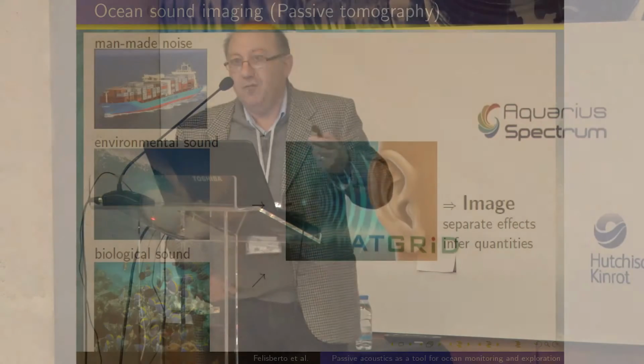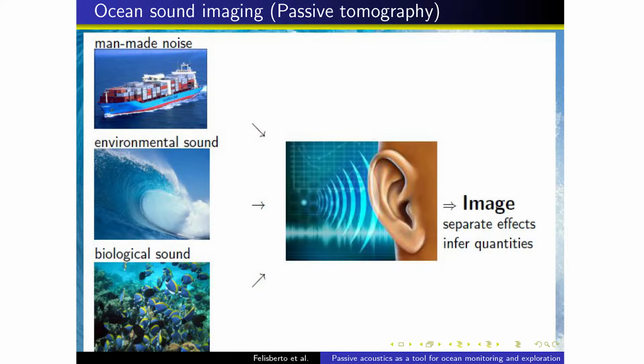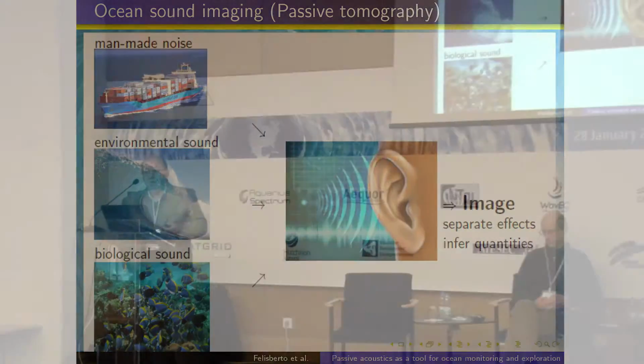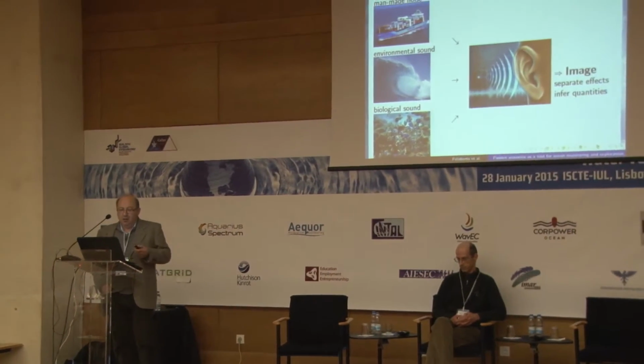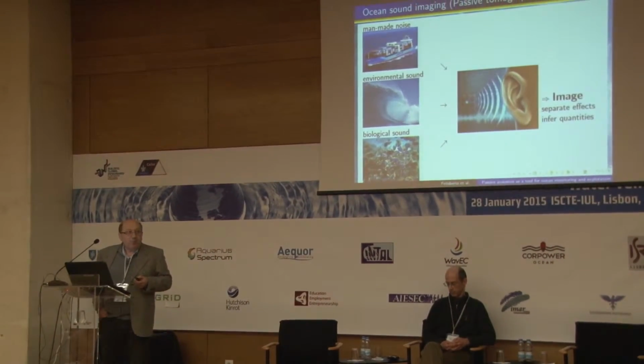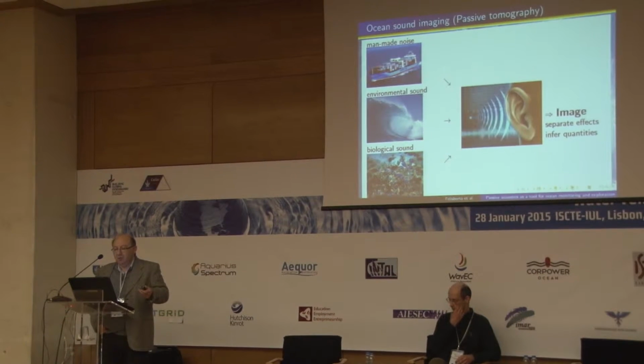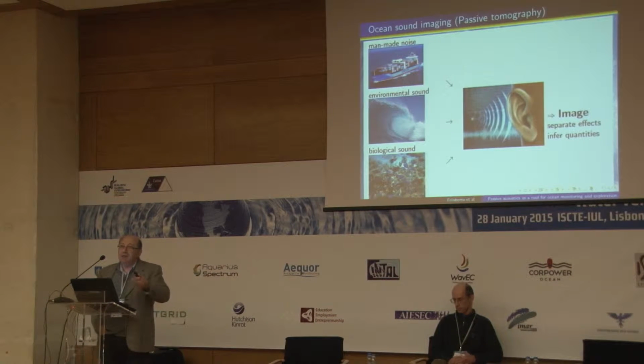There are different kinds of noise. There is man-made noise by ships and by power plants, environmental noise like breaking waves and rain, and also biological sounds, for instance crustaceans make sound, and marine mammals are well known for it.